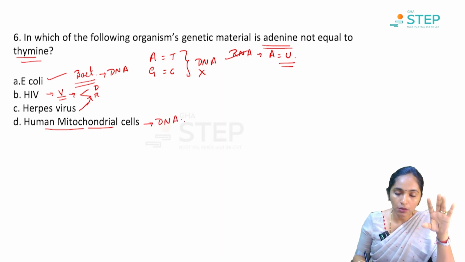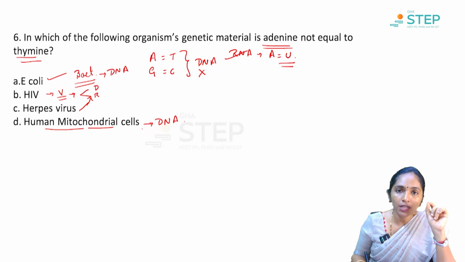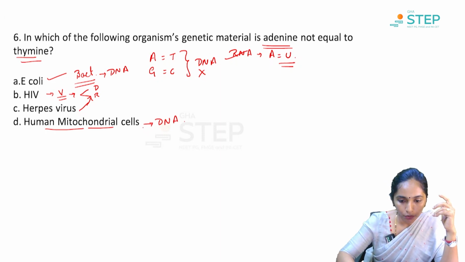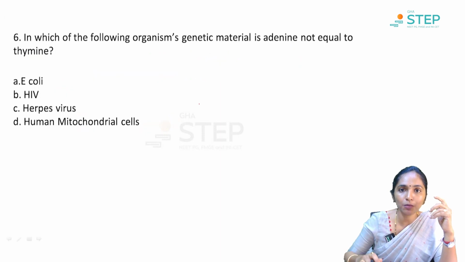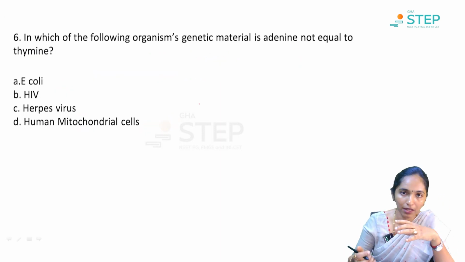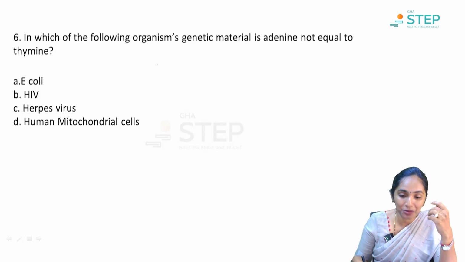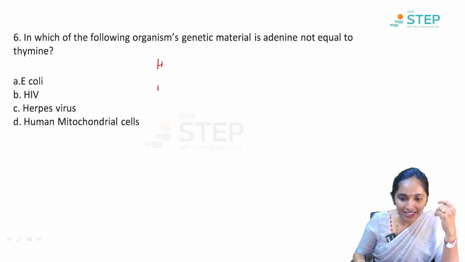So to solve this question, we should know which are the DNA viruses and which are the RNA viruses. So how do we remember DNA and RNA virus? I'll just touch upon DNA virus because all others will be RNA, right? Because DNA viruses are fewer in number, easy to remember. So DNA viruses are basically HAPPY virus.